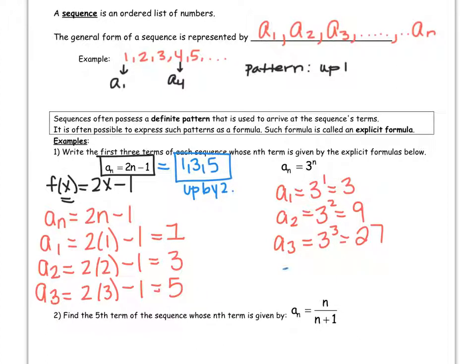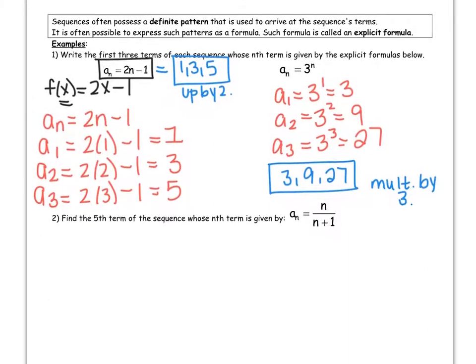So the first 3 terms of this sequence are 3, 9, and 27. Now how am I going from one term to the next here? I'm actually multiplying by 3. Okay? We're going to talk about the names of these different types of sequences later on, but for now it's good to just practice it.